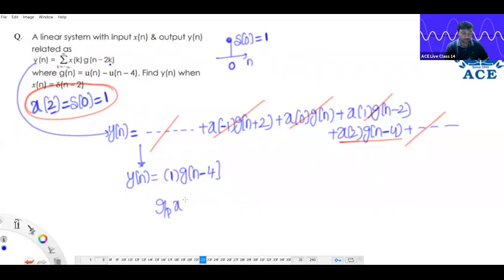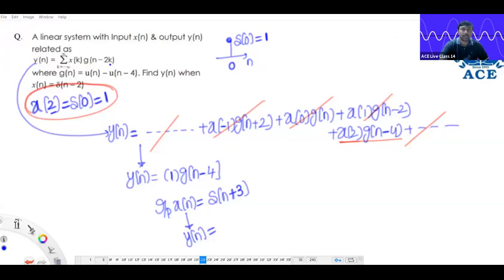I hope now you will respond. If I change the input as delta of n plus 3, same question, what will be the output, sir? Come on, come on. Impulse at minus 3 we selected. So which is the valid k?